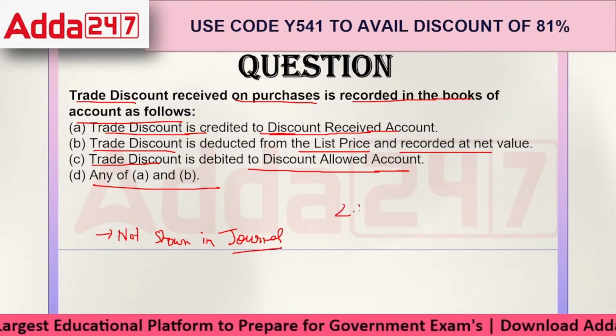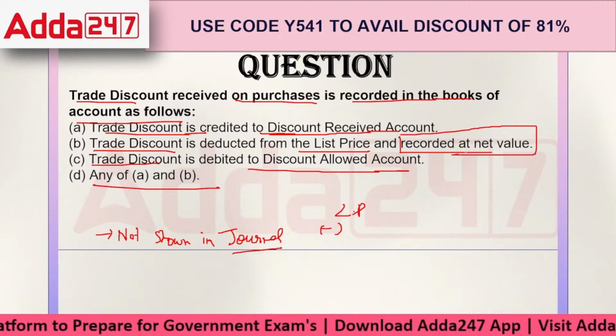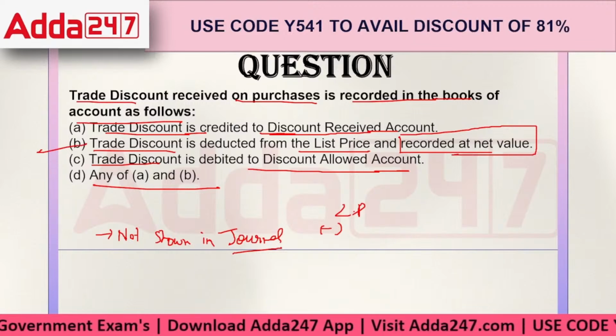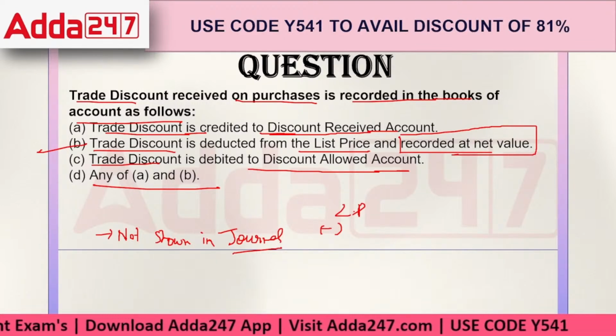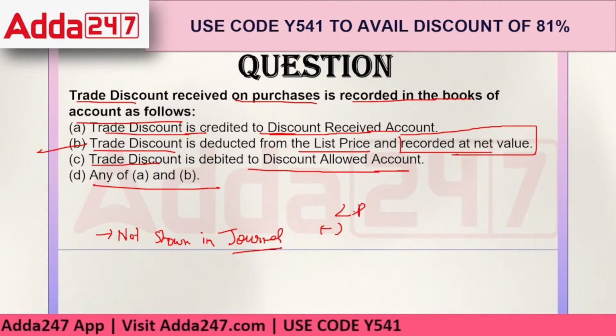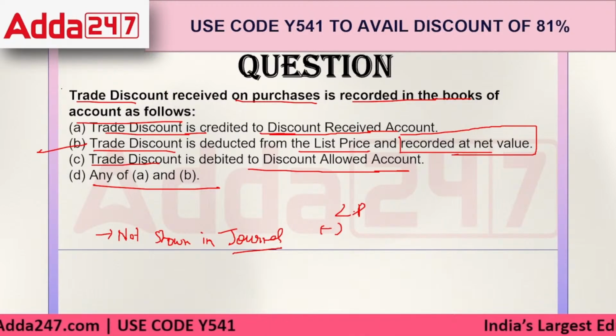What we'll do is just reduce it from the list price and record it at the net value. Nobody even knows whenever we get it. Till the time we look at our invoice, it won't be visible to anybody. So trade discount is basically a discount from the list price, recorded at the net value.